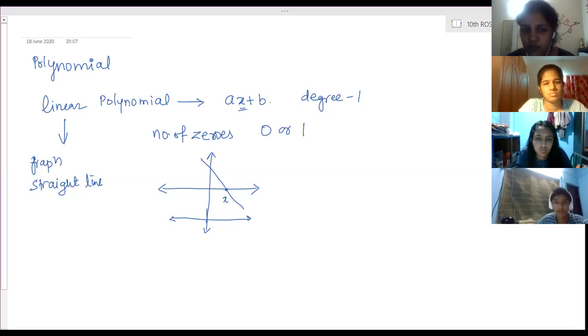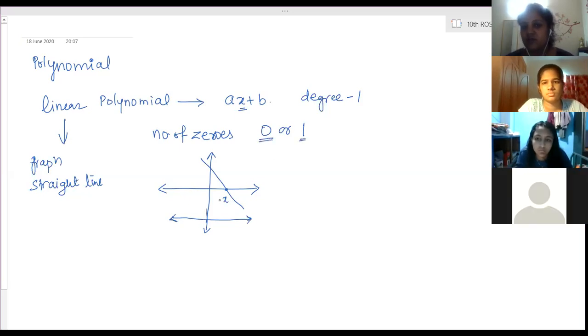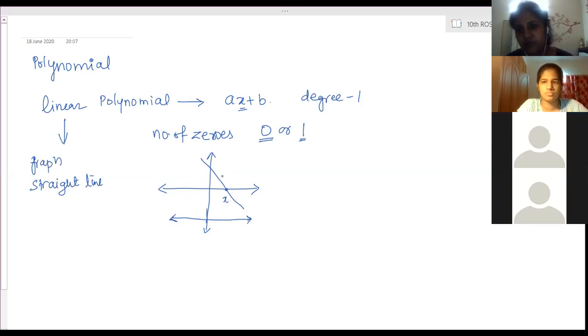How many zeros does it have? No zero, it doesn't intersect, because it is parallel to the x-axis. That means it has 0 zeros. Any polynomial with degree n has at most n zeros.